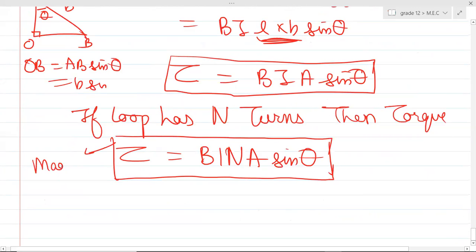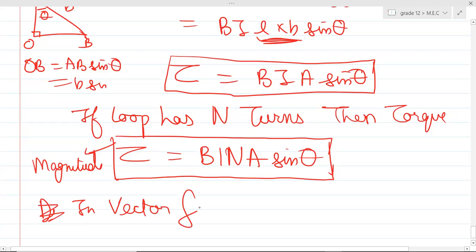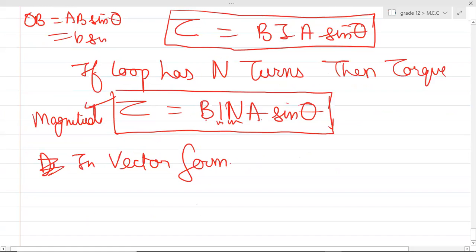This is just the magnitude. How will we give the direction? Direction will be given by the cross product in vector form. Can you see, guys, B I N A sine theta: what else is a scalar quantity? This n is a scalar quantity, I is a scalar quantity. But area can be taken as a vector quantity, right?